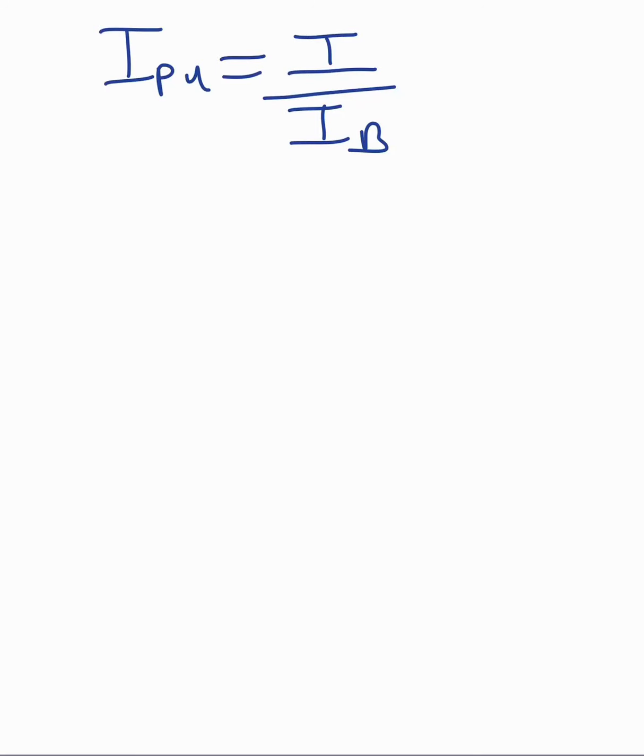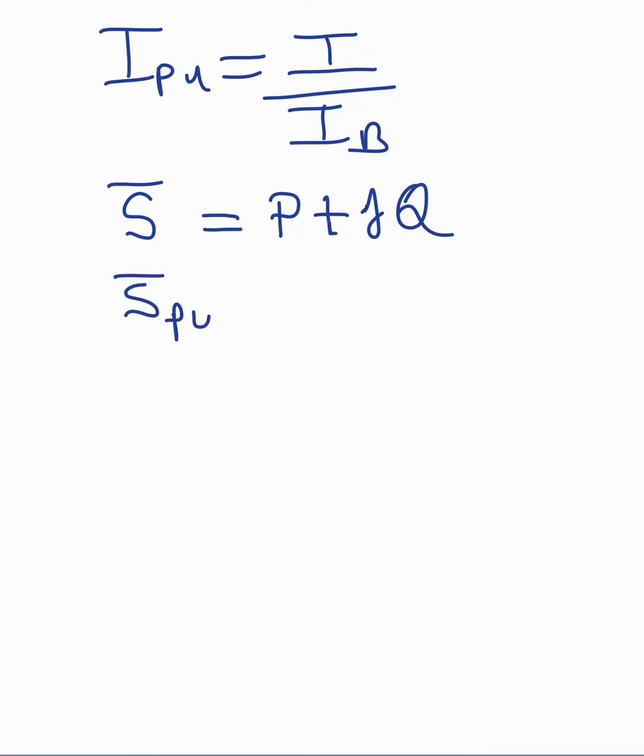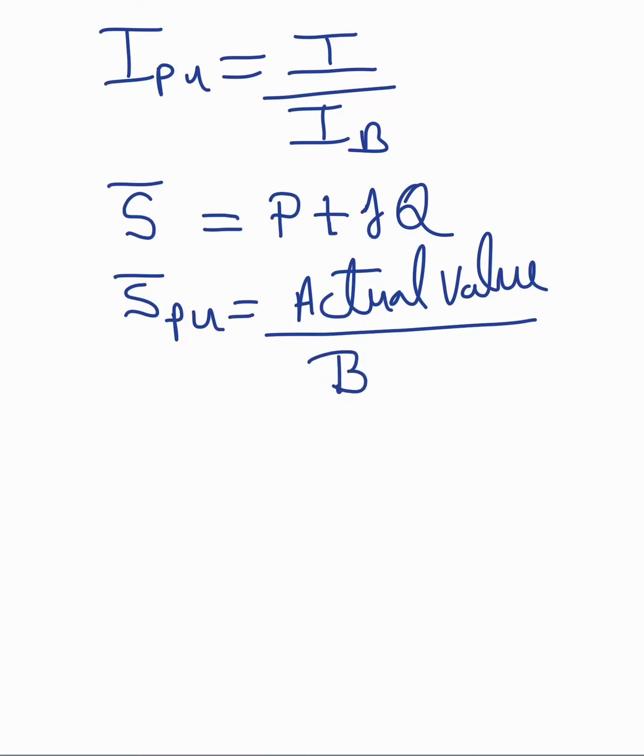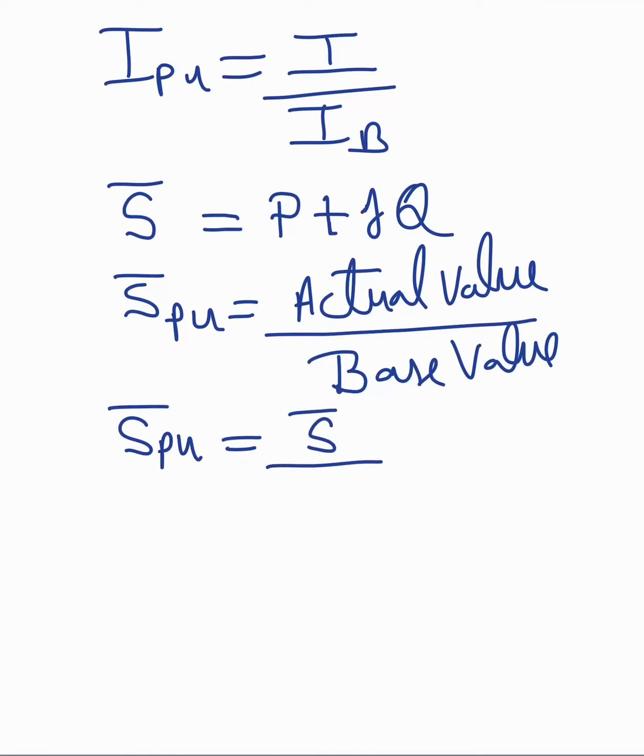So complex power we can write like this: complex power S is equal to P plus JQ. So S per unit value is actual value upon base value. Here actual value is S and base value is SB.